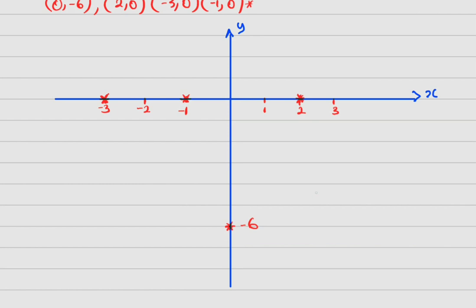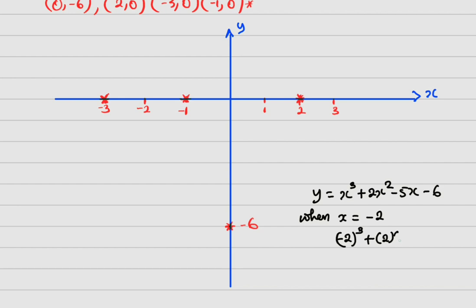You know your equation is y is equal to x raised to power 3, plus 2x squared, minus 5x, then minus 6. Go and check when x is equal to minus 2. This is going to be minus 2 all raised to power 3, plus 2 times minus 2 all squared, minus 5 times minus 2, then minus 6.